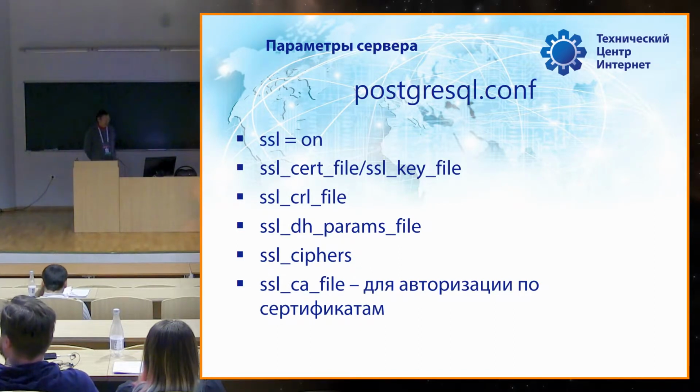If you use your local certification authority, then sometimes certificates are recalled because they're related to employees who were fired, for example, and you can write this. Another parameter, SSL DH params file.